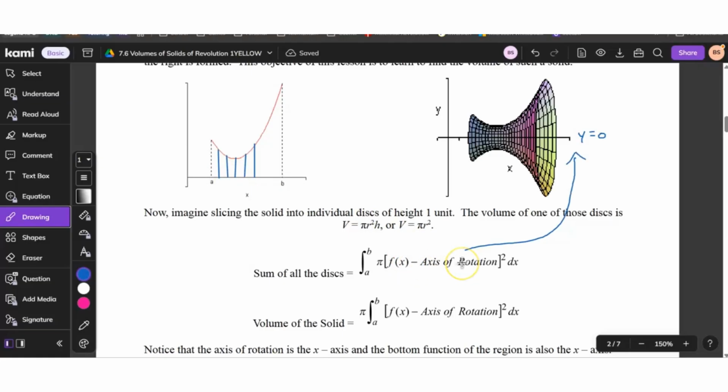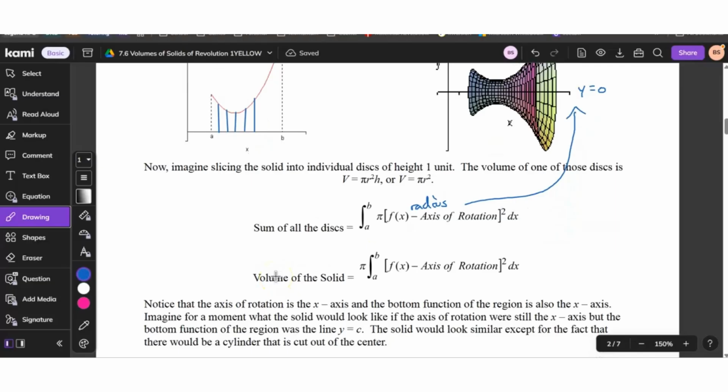The axis of rotation is right here, it's that line. Do I have to rotate it around that line? No. I could rotate it around something else, in which case I change this axis of rotation. And of course, this is the radius, which is why it is squared. The f of x minus the axis of rotation is the radius.